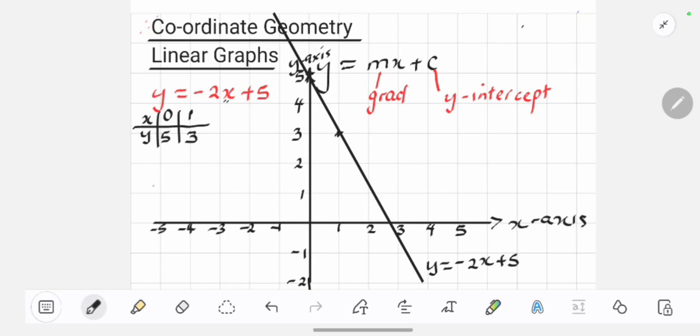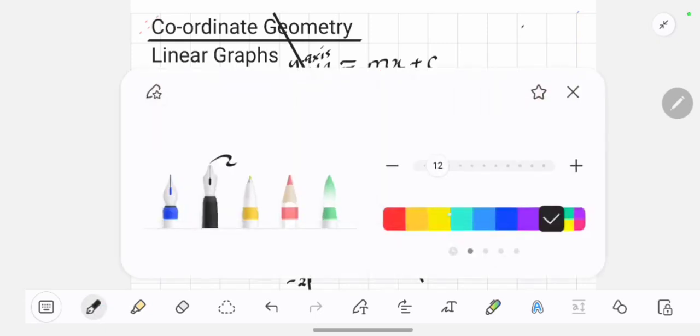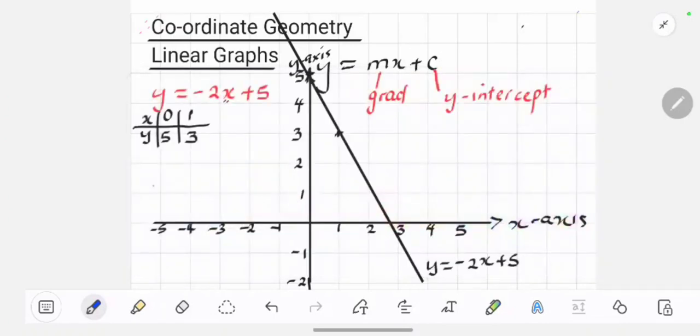Then from there, now I want to move on to how to find the gradient of the line. In this case, using this very line, I would find the gradient. For us to be able to find the gradient, you need 2 points, which you know.